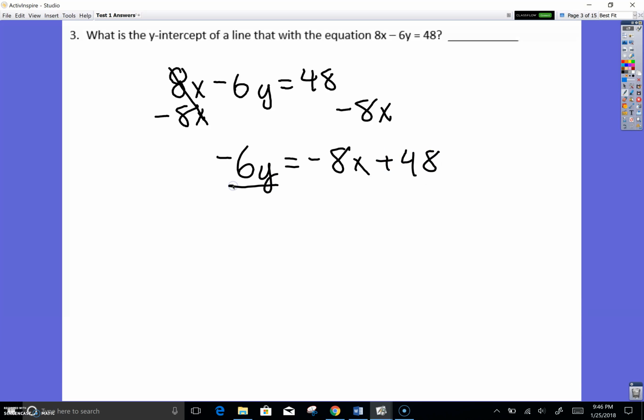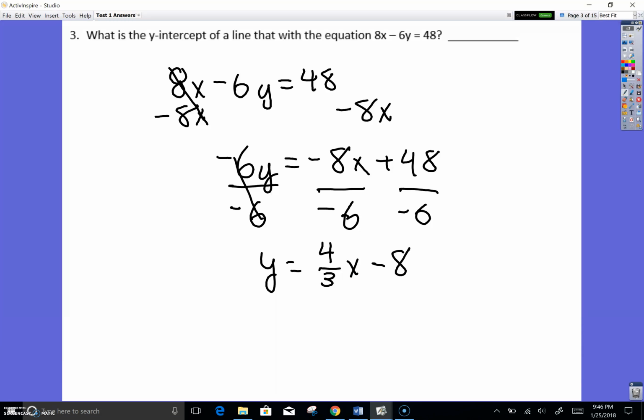Now I divide by negative 6 on everything. And I get y is equal to, you put this in the calculator, 4 over 3x minus 8. Okay, and it's asking for y-intercept, not the slope. So my answer is negative 8.